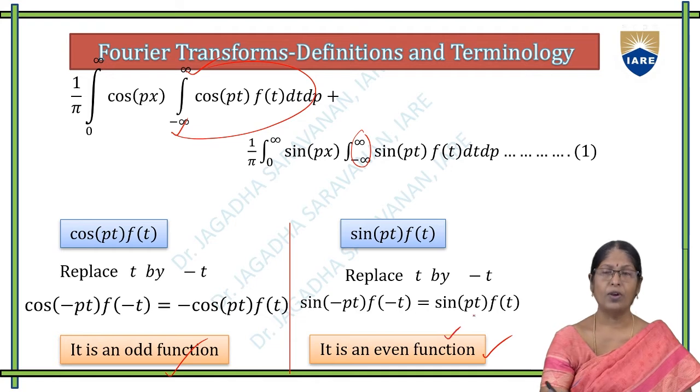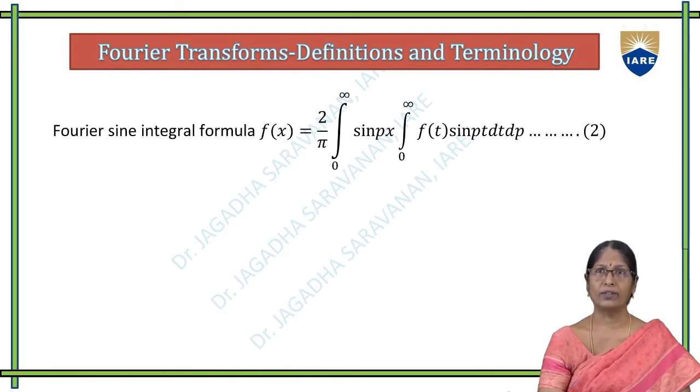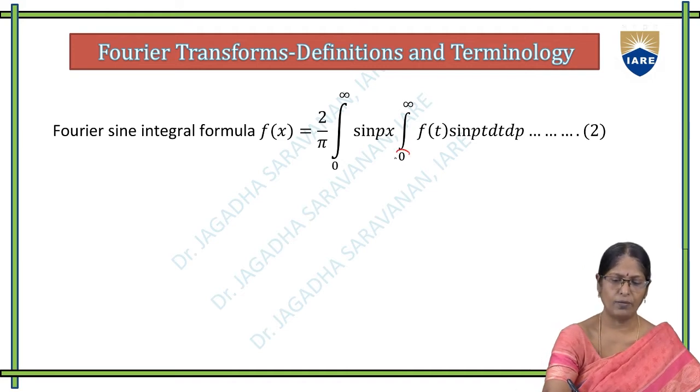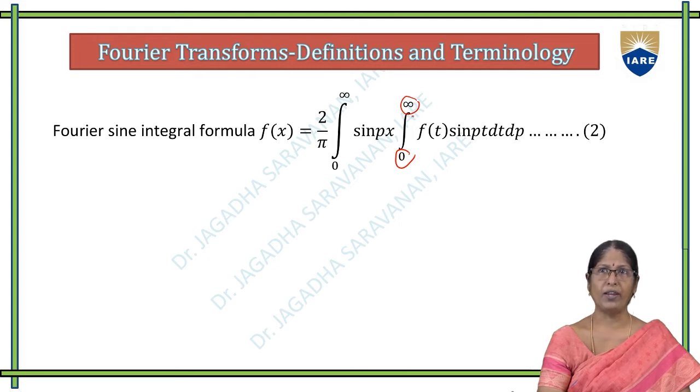So we can see the first completely vanishes because it is an odd function. The second has a change in the limit: before it was minus infinity to infinity, now it is 0 to infinity.